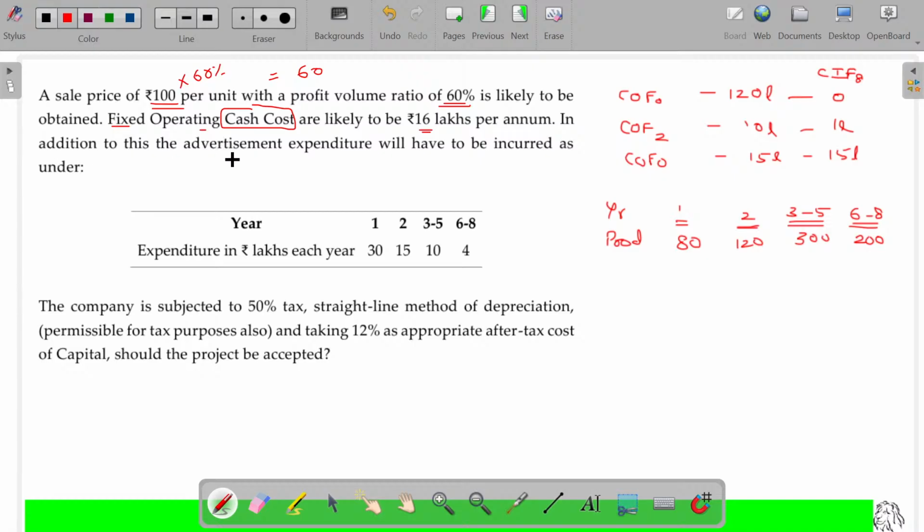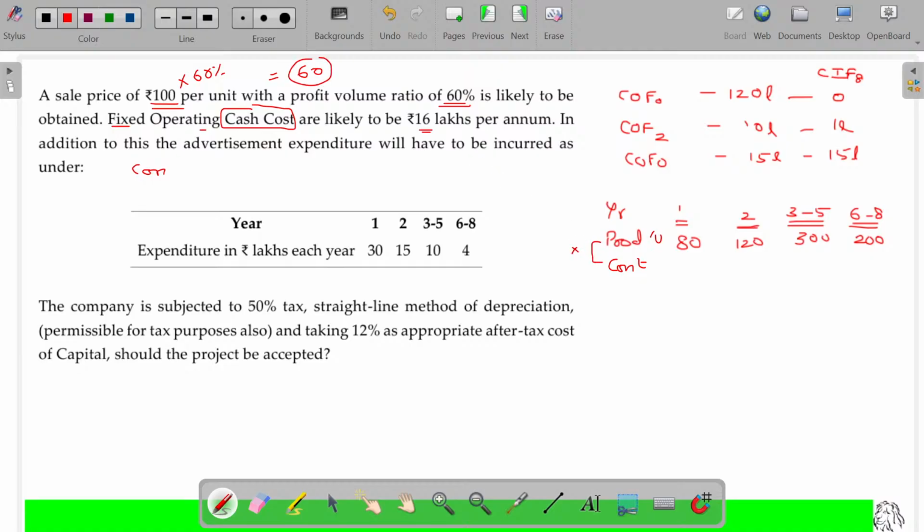In addition to this, advertisement expenditure will have to be incurred as under. We need to incur this one also. So from this, it is very clear. We will find out the revenue easily. What about the contribution? Contribution being 60 per unit.